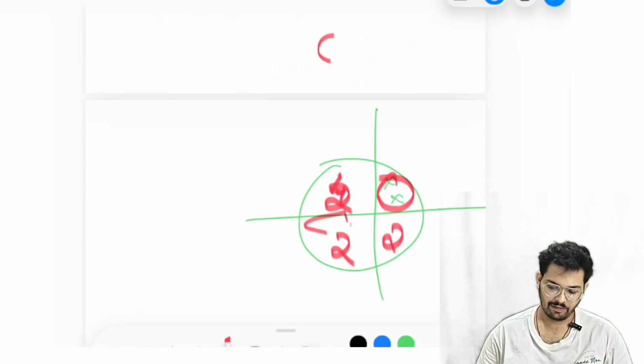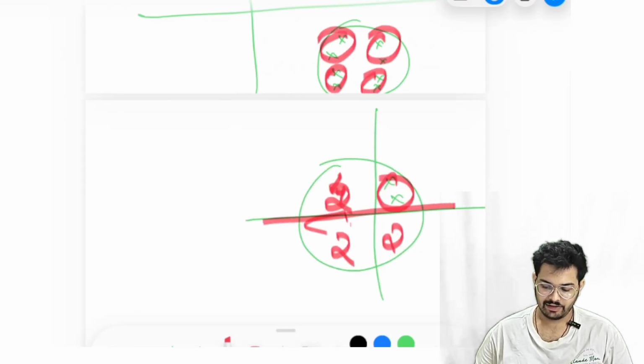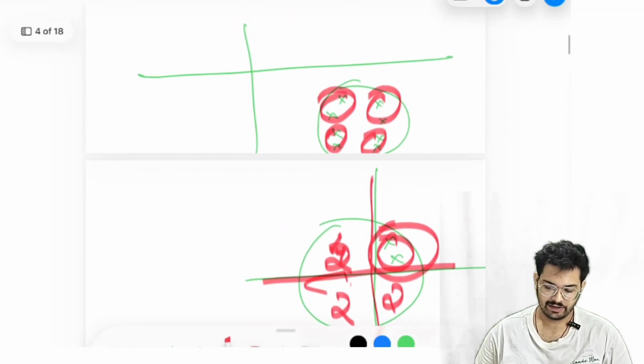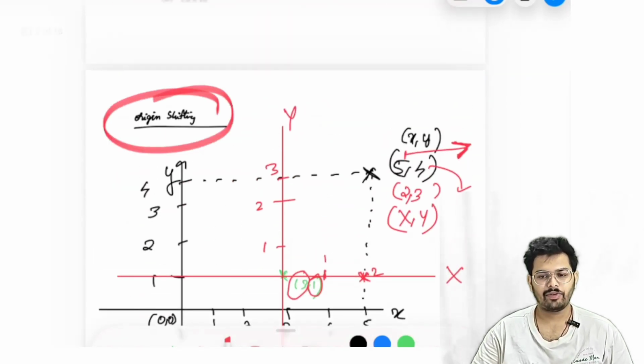Instead of finding all 4 pairs separately, you can make use of the symmetry of the geometry. That's the basic advantage if you know how to use the concept of origin shifting.